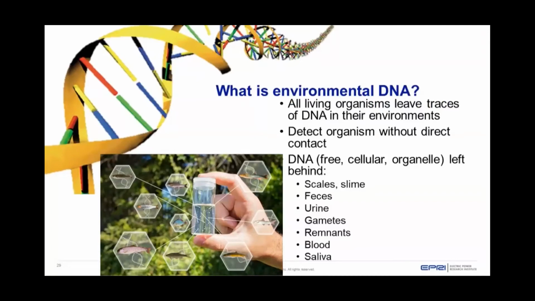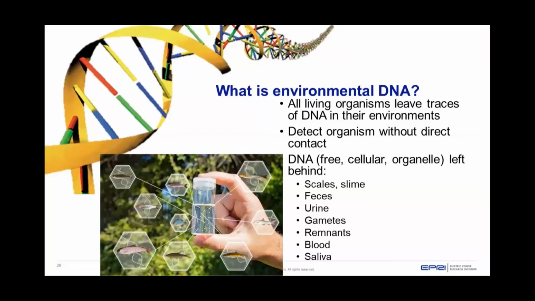And that's basically what our goal is when we're looking for a trace of an organism with environmental DNA. And the advantage to using environmental DNA is that we can detect an organism without direct contact. So we don't actually have to come in contact with whatever our target species is.